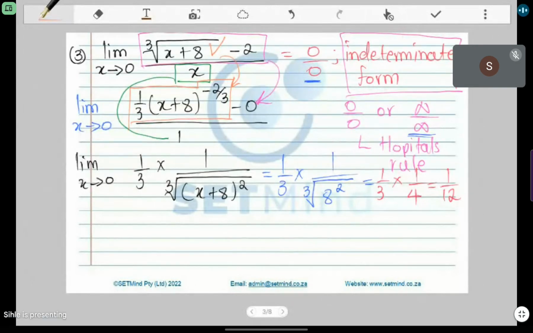Is there anyone who disagrees? Yes, there's a disagreement in the chat. Can you please unmute yourself just so that you can speak, and we can engage.